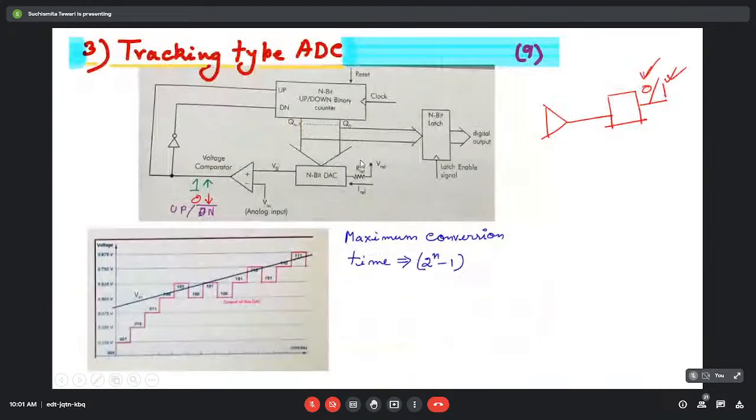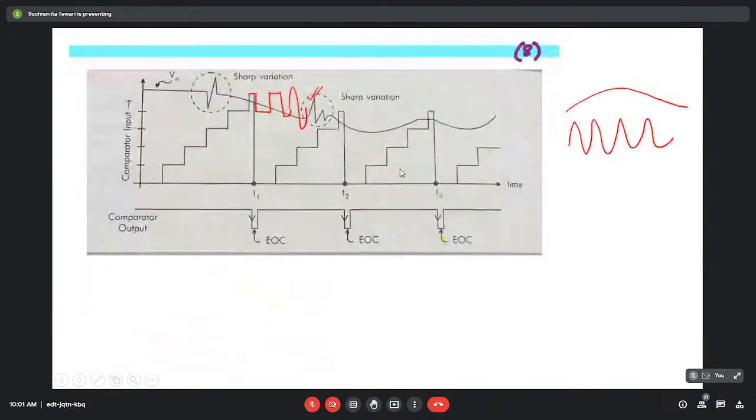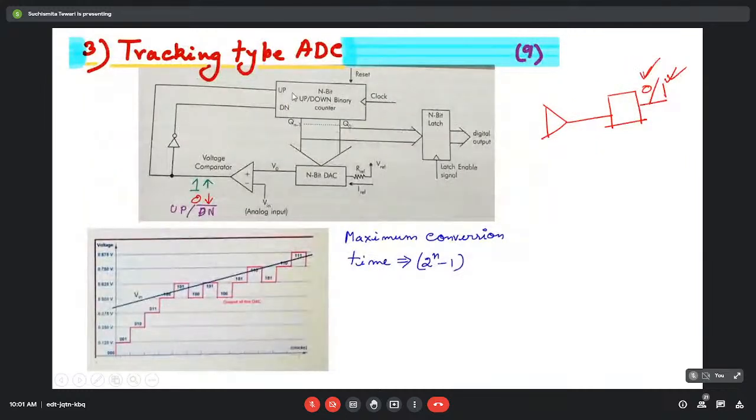Otherwise, if the signal is very rapidly changing, and some unpredictable change might occur, in that case, we will modify the design with this up down binary counter. We will modify the up counter and replace it with an up down counter. So we are actually increasing the circuit complexity a bit, but we will be able to track the entire analog signal more accurately. It increases the accuracy at the cost of circuit complexity.